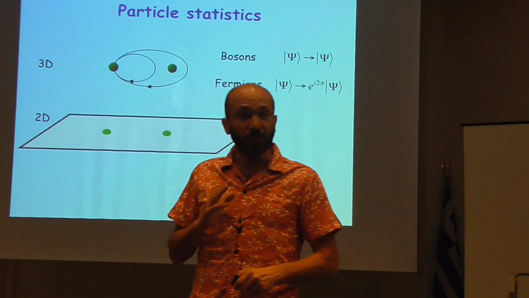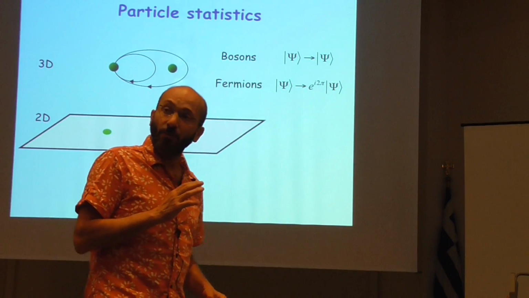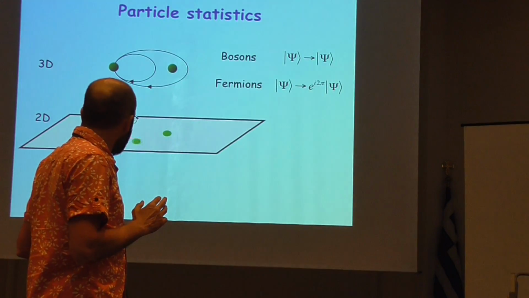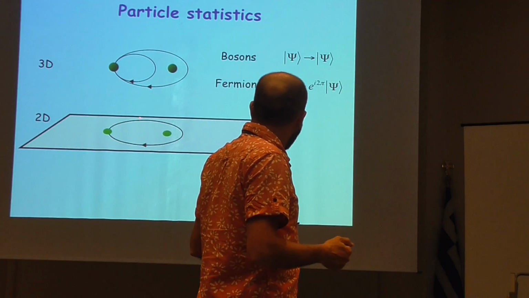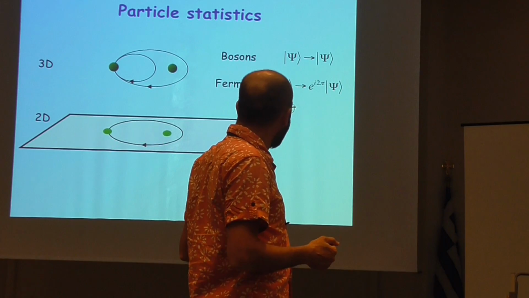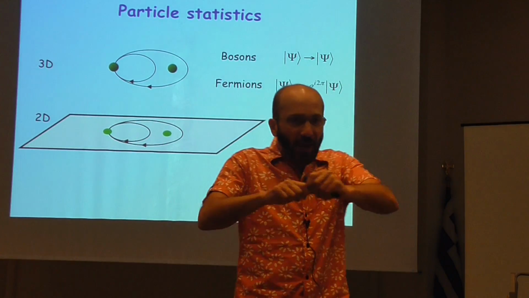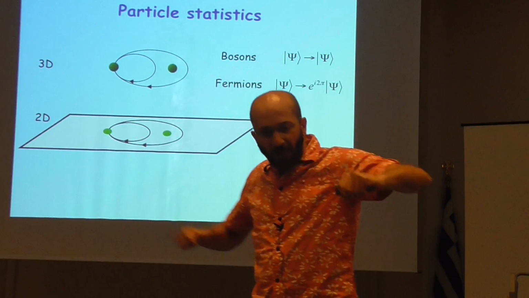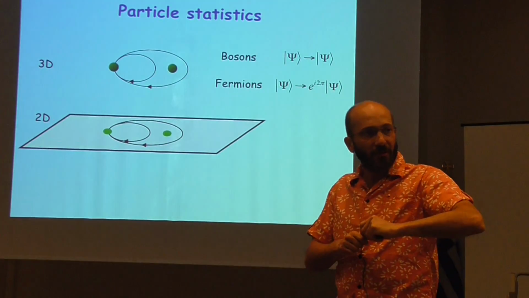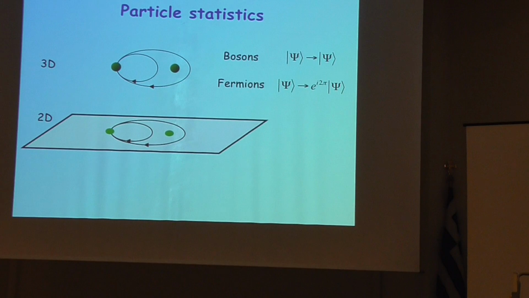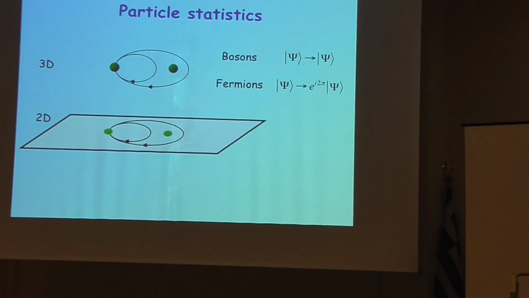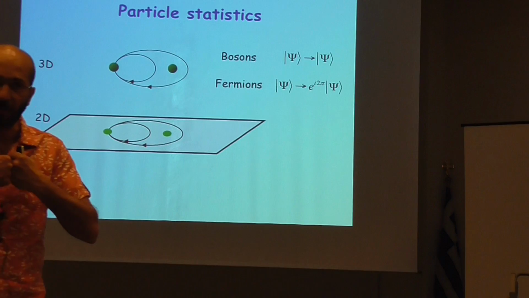Now, if you move to 2 dimensions, things are a little bit more tricky. Maybe this exchange here is a circulation, a double exchange. But I cannot continuously deform it into this other one. I will have to cut it, pass it, glue it together. In other words, I'm assuming that my particles are hardcore particles that cannot penetrate each other.